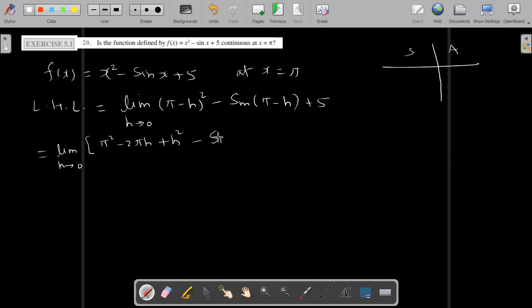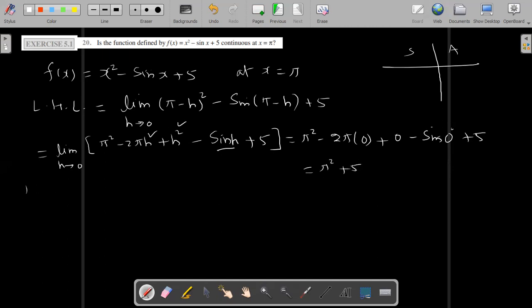So this will become sine h plus 5. Now you can put the value of h as 0. So this will become 0, this will become 0, and sine 0 is 0. You should show actually in examination like 2 pi h is equal to 0, plus h square means this is also 0, minus sine 0 degree 0, and plus 5. So we get only pi square plus 5, left hand limit.